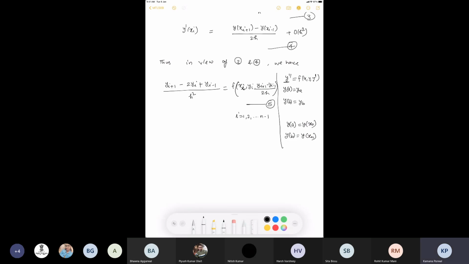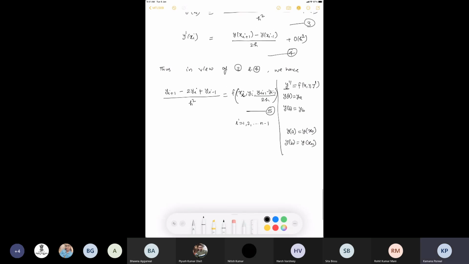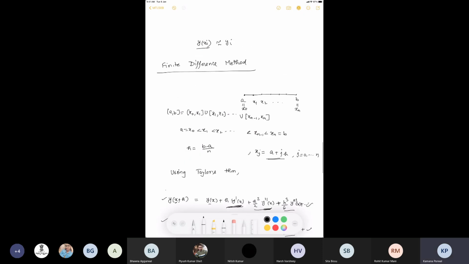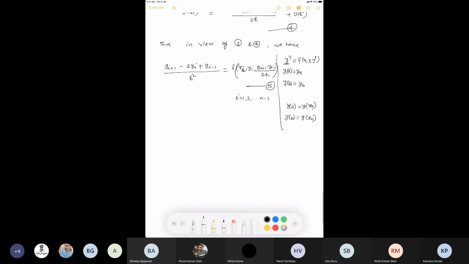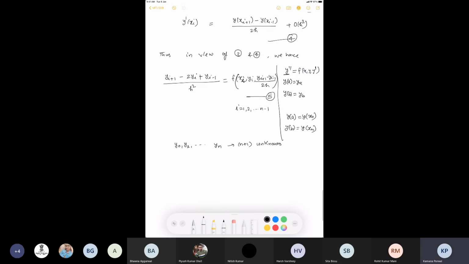So how many unknowns do we have in total? Here I have n plus 1 points, x0, x1 up to xn. Correspondingly, I have y0, y1 up to yn. So these are a total of n plus 1 unknowns. Now, how many equations do we get from equation number 5?